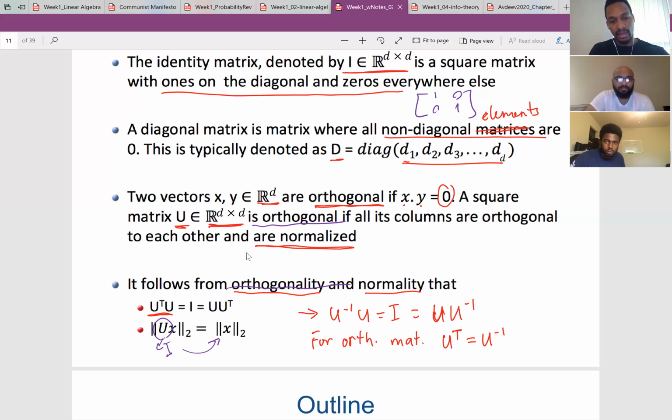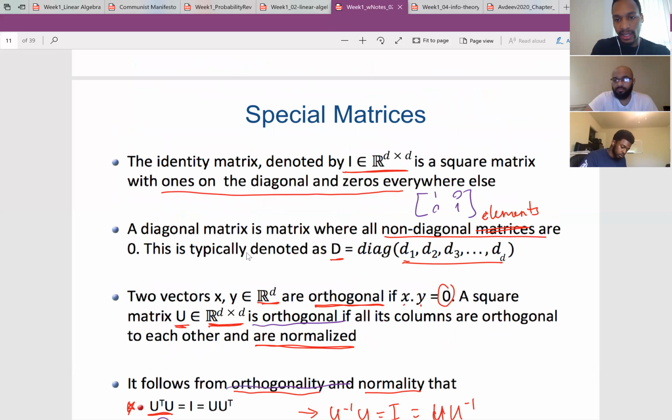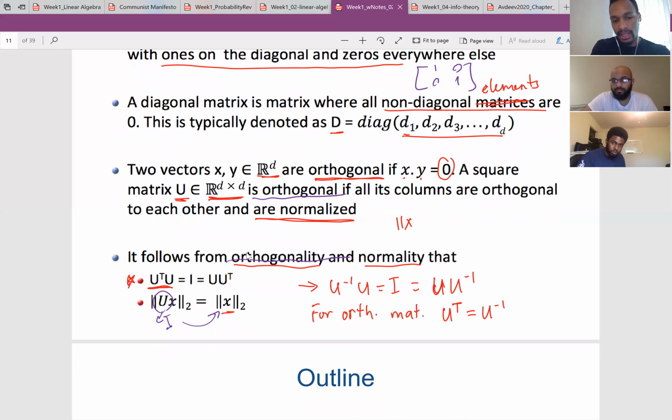And then when you take the 2 norm of an orthogonal matrix times a vector, you'll get the norm of the vector back out. The reason is from this point here. If you write this out, let's just square it so I don't have to write the square root.